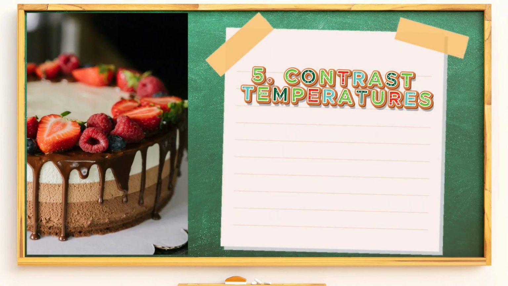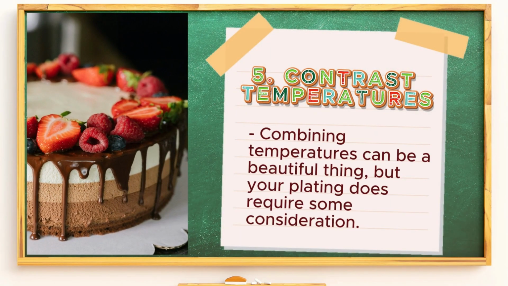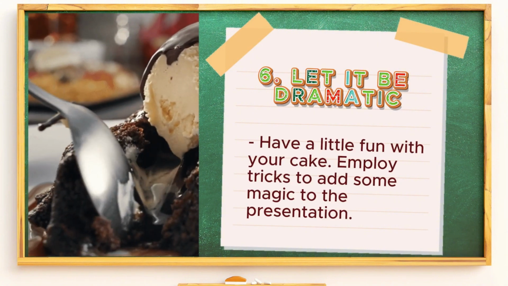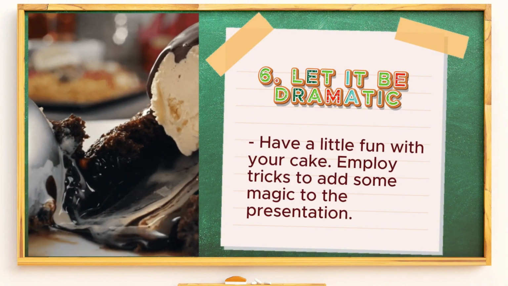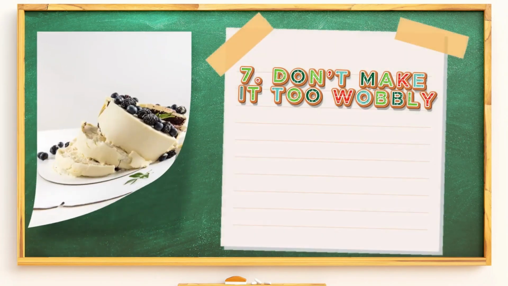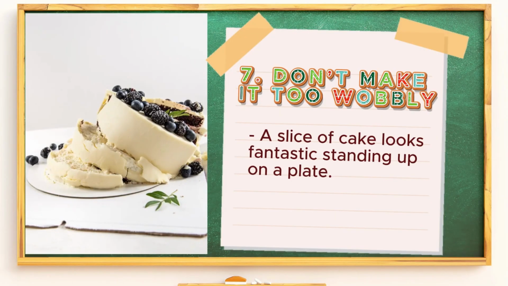Fifth, contrast temperatures. Combining temperatures can be a beautiful thing, but your plating does require some consideration. Six, let it be dramatic. Have a little fun with your cake. Employ tricks to add some magic to the presentations. Seven, don't make it too wobbly. A slice of cake looks fantastic standing up on a plate.